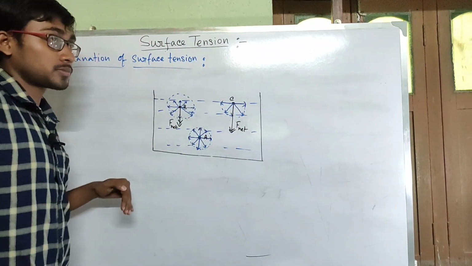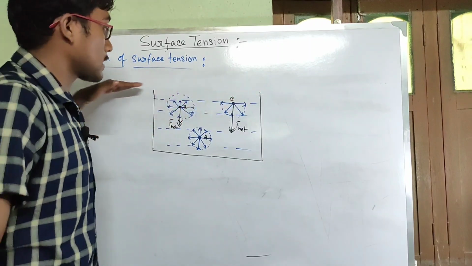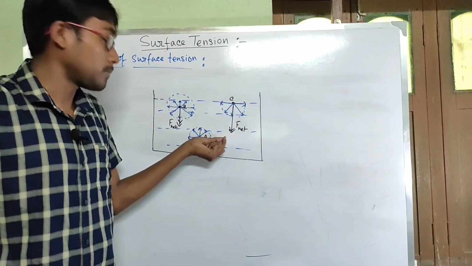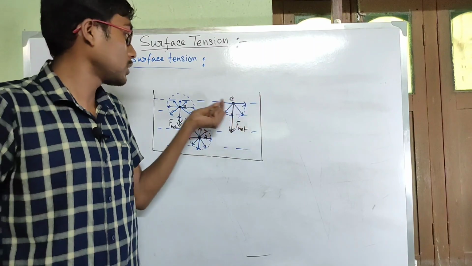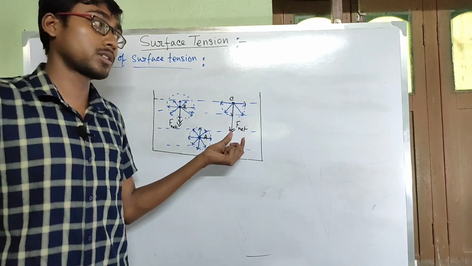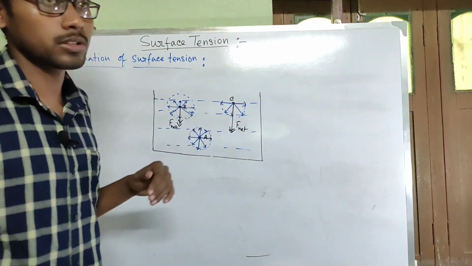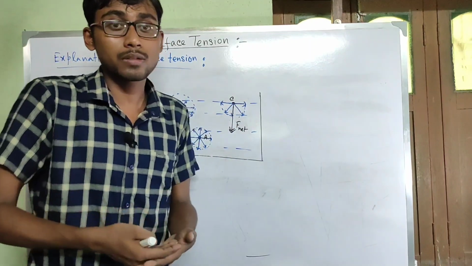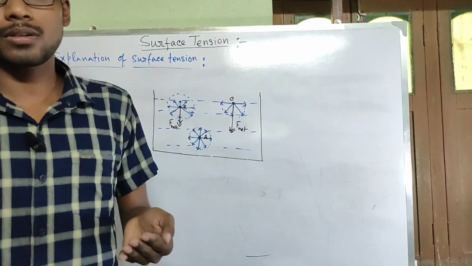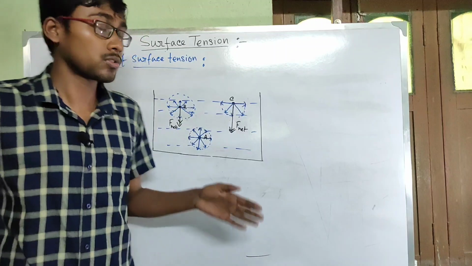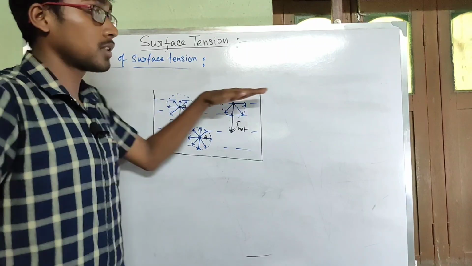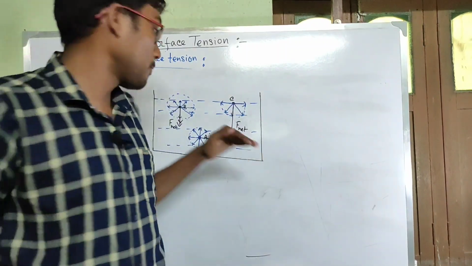So the molecules lying on the surface have maximum potential energy, because maximum work is done against the resultant force to maintain their position. So we can say that the molecules lying on the surface have maximum potential energy compared to the interior molecules.